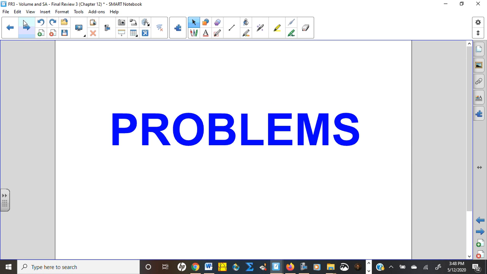So hopefully these 7 problems or examples help you remember some of what we were doing back in Unit 3, which covered Chapter 12, surface area and volume. Hopefully you have your laminated sheet with all those lovely formulas on them. And hopefully you enjoy the 20 problems that lie ahead, covering surface area and volume and maybe even a couple density problems.